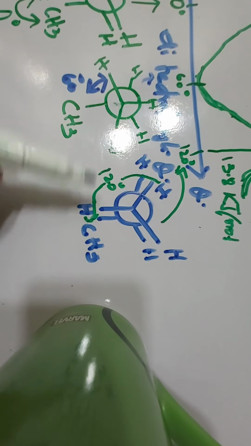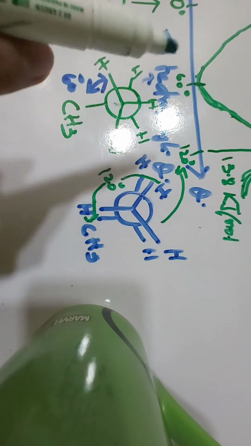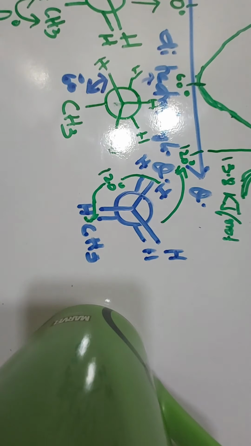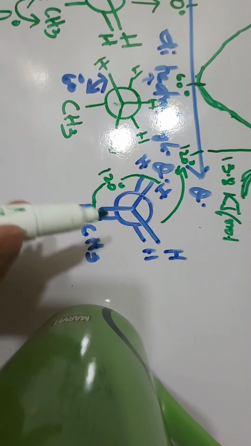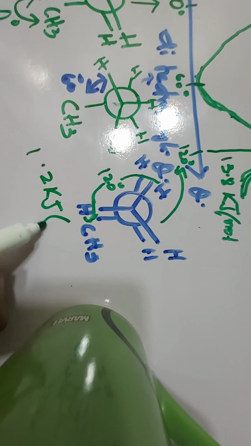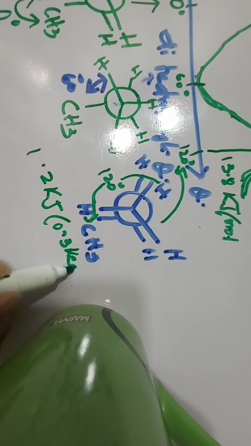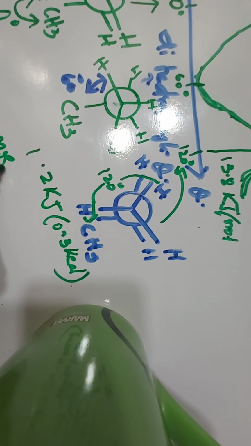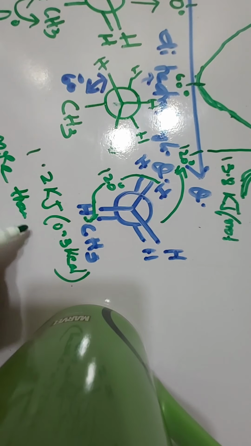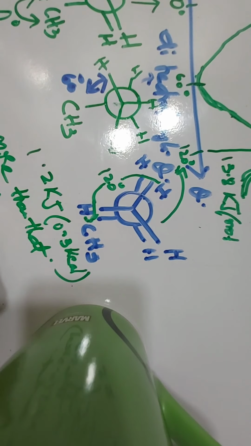So this is what is happening here: about 13.8 kilojoules per mole, which I explained earlier, or you can say 1.2 kilojoules, which equals 0.3 kilocalories more than that required for ethane.